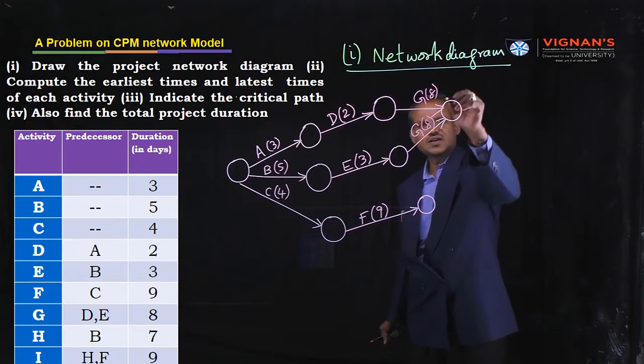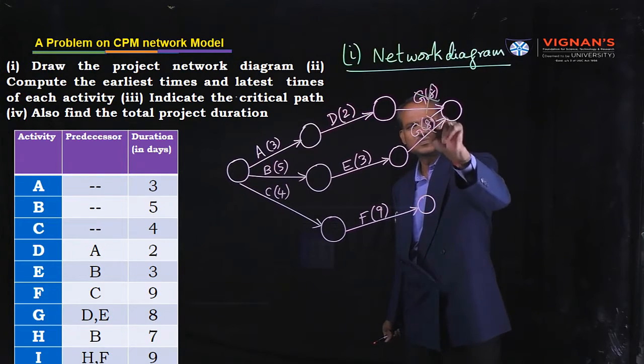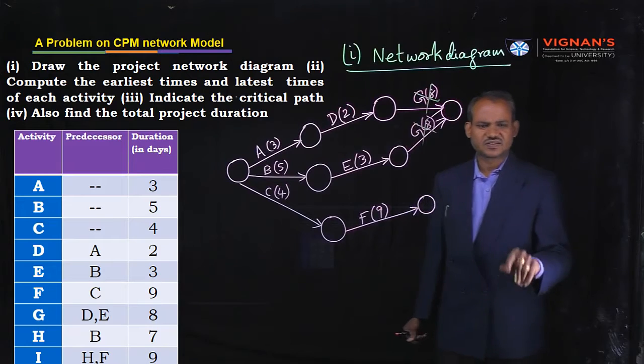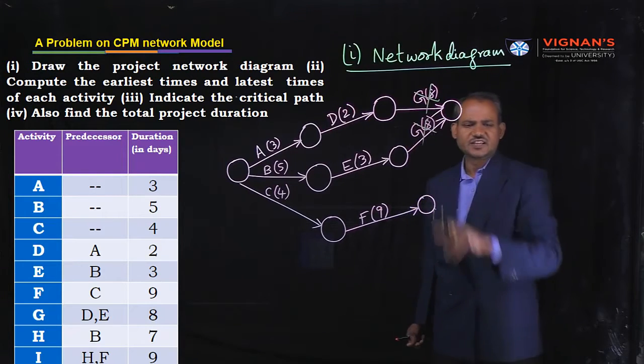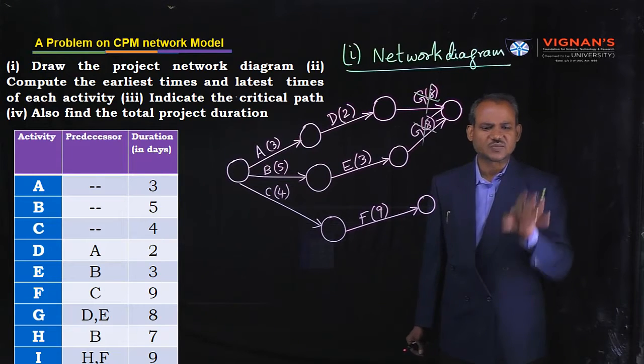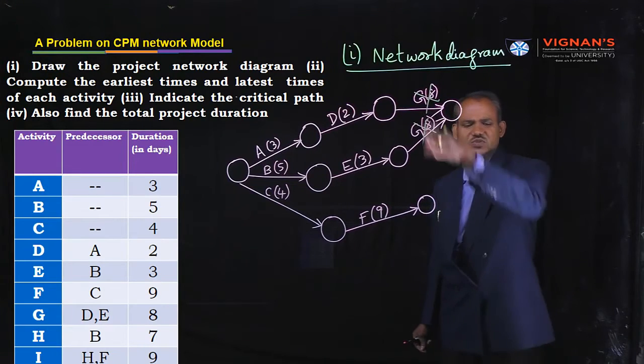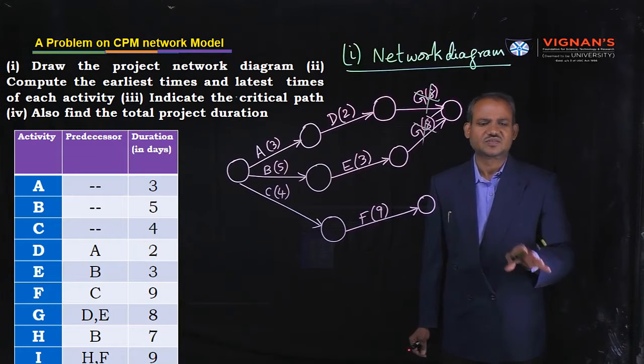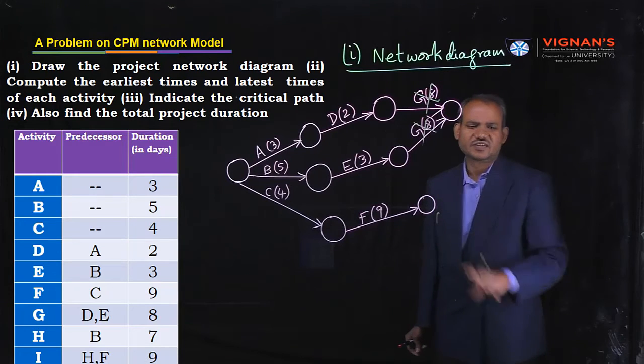Don't draw like this. This is wrong. Wrong means one activity, that means G activity, should appear at one place only, not more than once. Two G's are not encouraged. Therefore, this is not the way.